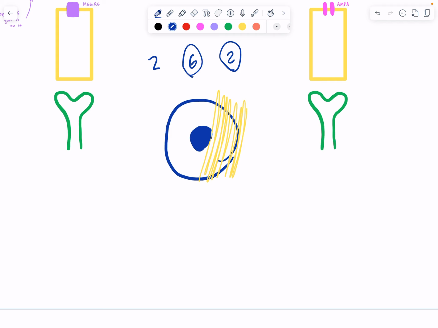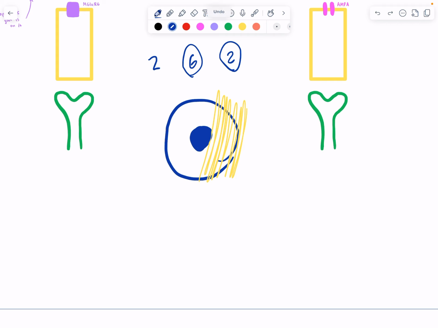If it's dark and light is hitting it, then we do not count those. If it's light, but light is not hitting it, then we do not count those. So we only count what the thing actually is.